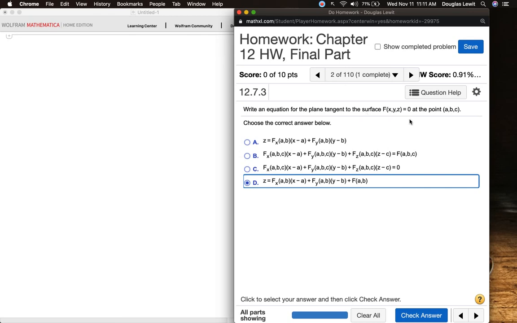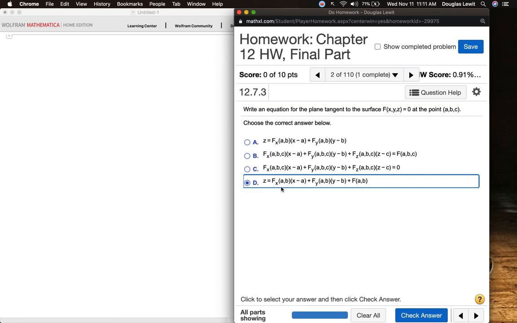Well, this one's a little tricky. It's either going to be C or D. This looks like a very good candidate, although it's a choice between C and D because they're both actually correct. z is equal to the partial derivative of the function with respect to x at the point a, b.